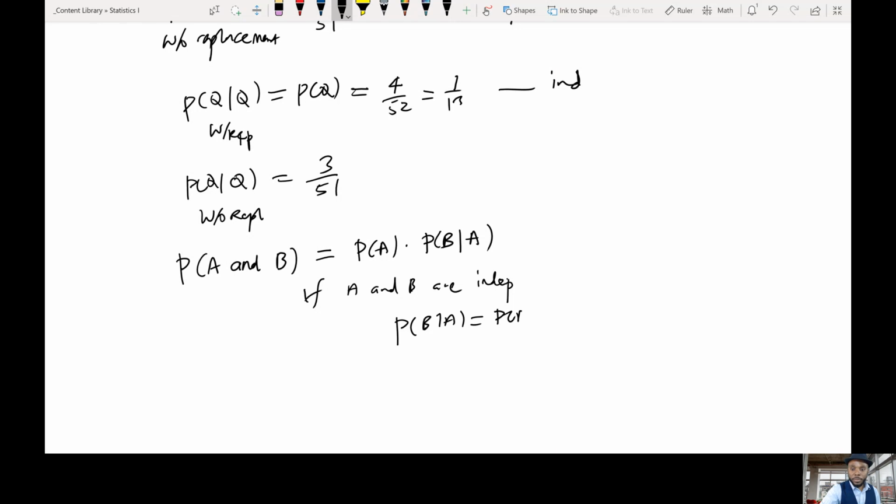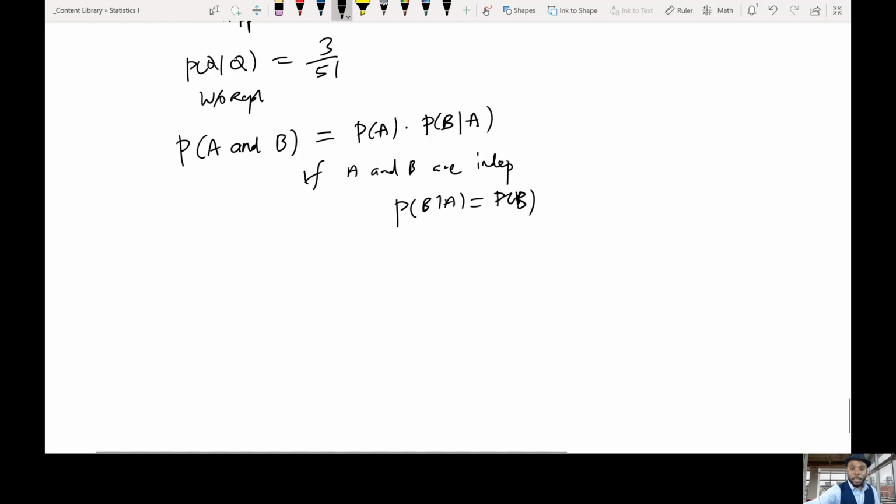It equals the probability of B. And what does that mean? That would mean that the probability of A and B, that is the probability of A occurring and then B occurring, is equal to the probability of A times the probability of B. See that? Sweet. So that's if A and B are independent.